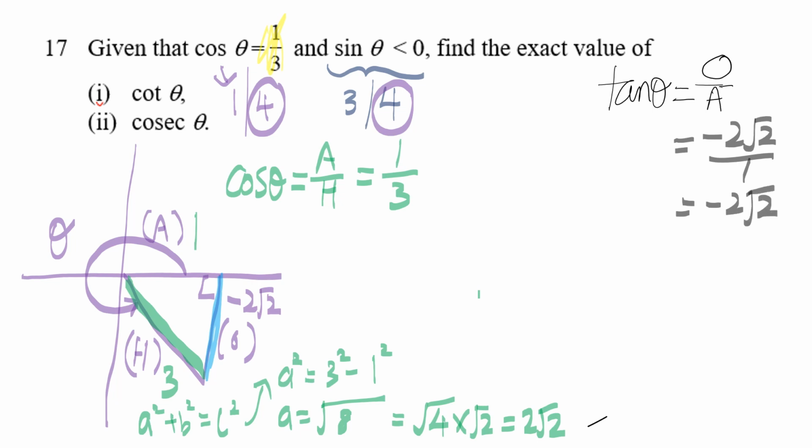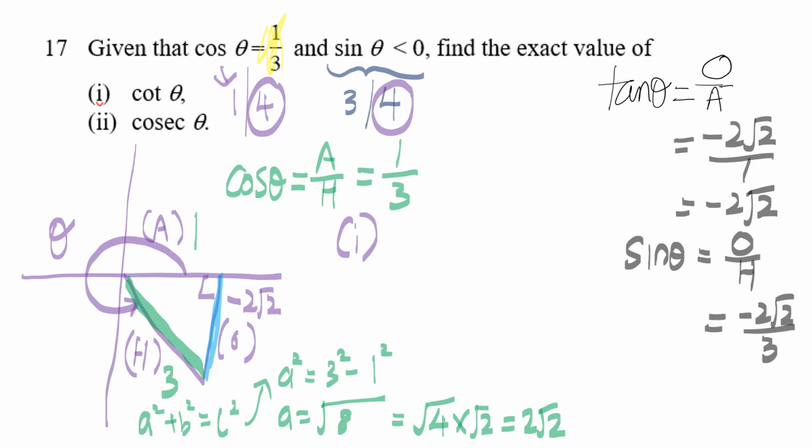Okay, very good. Then we can find sine theta. Sine will be O over H. So that will give us negative 2 square root 2 over H, which is 3. Okay, so with that, we can find part 1.